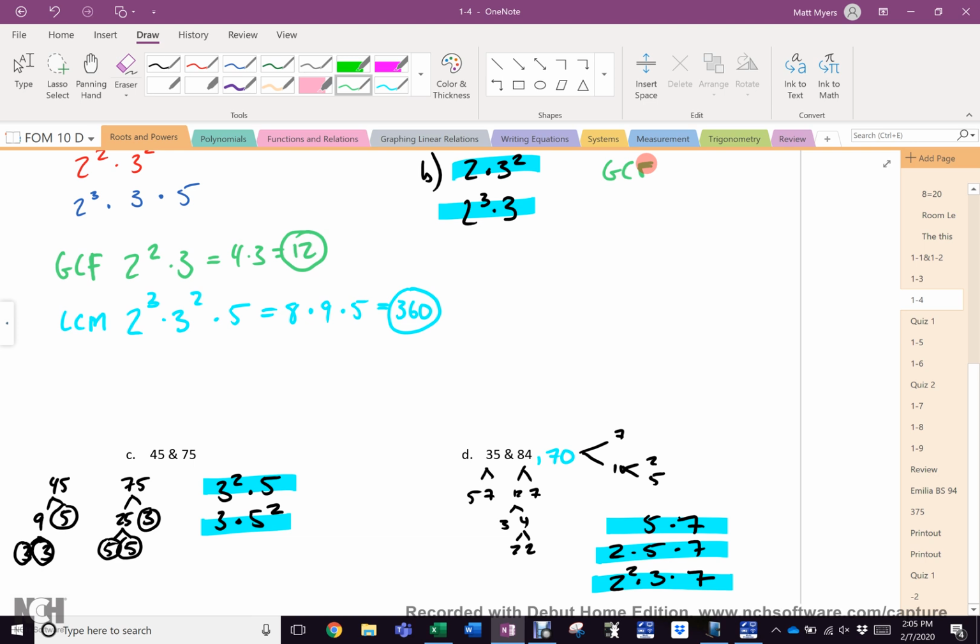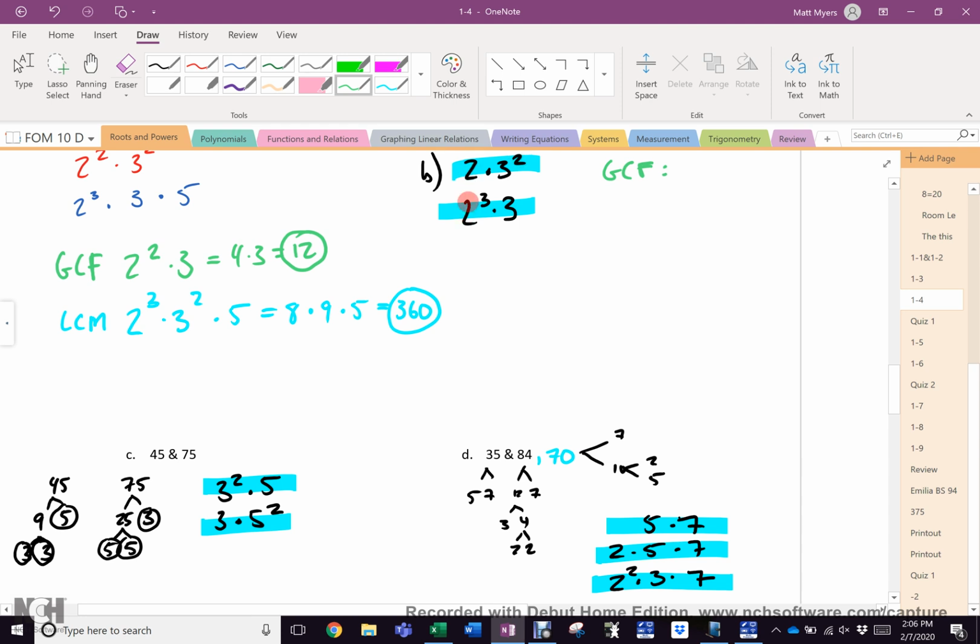So I need to look for numbers that are smaller than 18 and 24, so I can't look at the bigger exponents. Because if I look at this 3, this guy can't cover it, can he? So if I'm doing GCF, I look at what's common and the smallest exponent, because I need smaller groups.